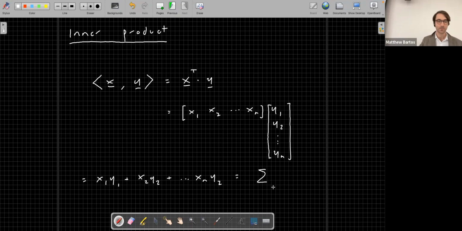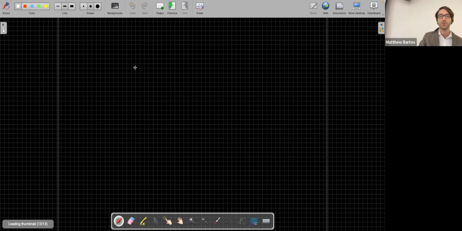Or written more succinctly, the sum from i equals 1 to n of xi yi. When you're taking the inner product, you're essentially going through each of those elements pairwise, multiplying them together, and then adding them up. This is probably the most fundamental linear algebra operation we're going to do aside from scalar multiplication and vector addition. Okay, so let's go through a quick example.